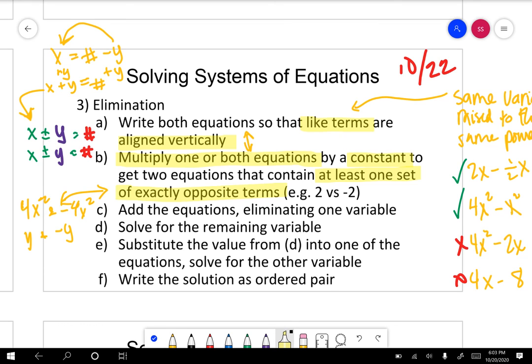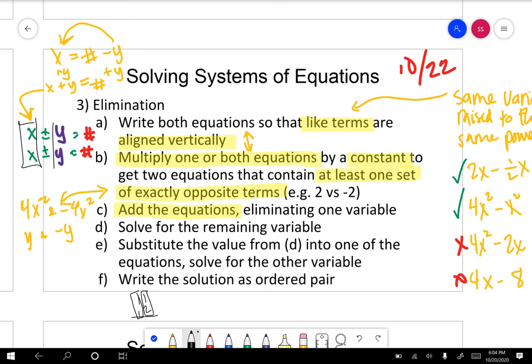So once you have at least one set of exactly opposite terms, so your x's are opposite or your y's are opposite, you're going to then add the equations, just like an addition problem, right? If we had 11 and 12, you would add this column and then this column. You would do the same thing.